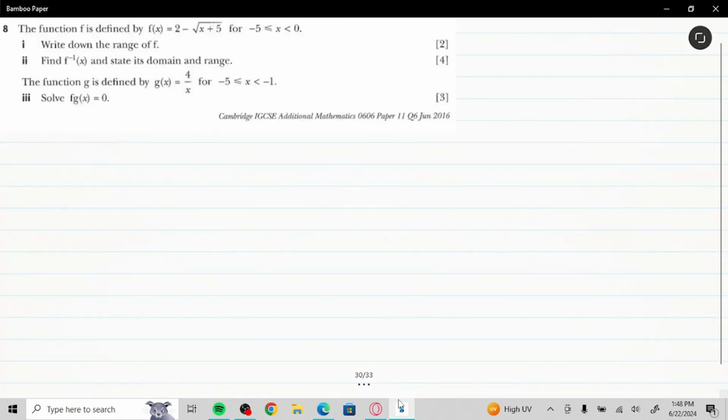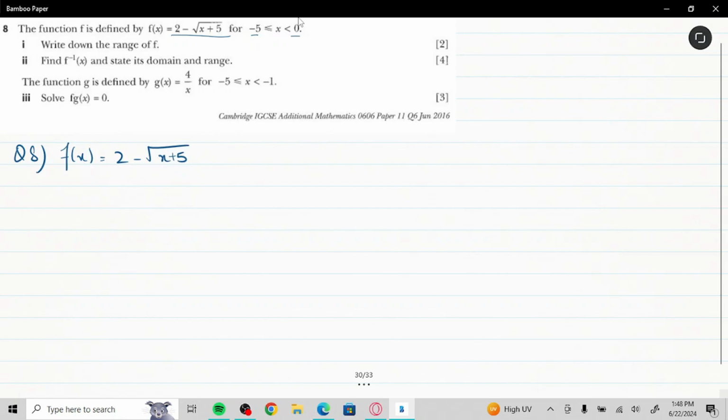If we proceed on to question 8, we have a similar question. Question 8, we have f(x) equal to 2 minus the square root of x plus 5. And we have to write down the range of it. So simple, how do we find the range? We can see no squared values, no big deal. Just take the minimum and the highest value.